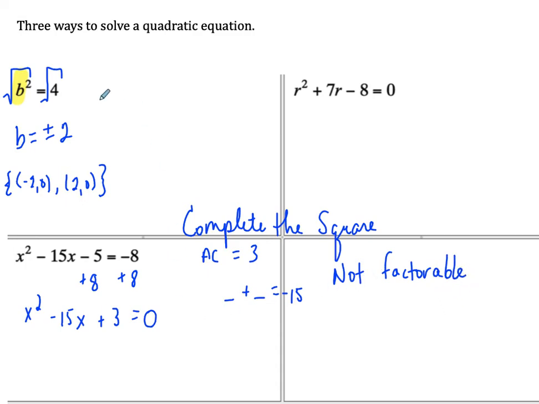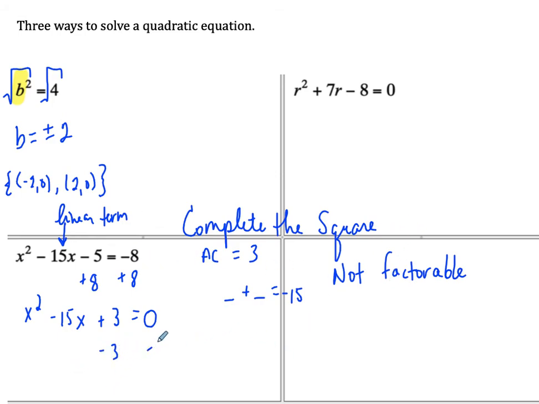Okay. I can't take the square root because I can't get the x squared alone because there is a linear term, right? So there's a linear term. It's not factorable. So now my only option is to complete the square because I can always use completing the square. Okay.